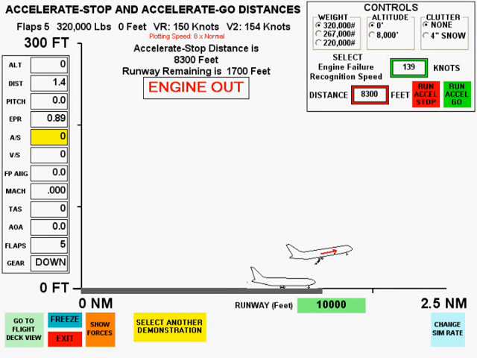Luckily, computers can easily provide the full range of allowable V1s and runway remaining data to the crew, so that they can exercise their professional judgment and pick the best V1 for the existing conditions.